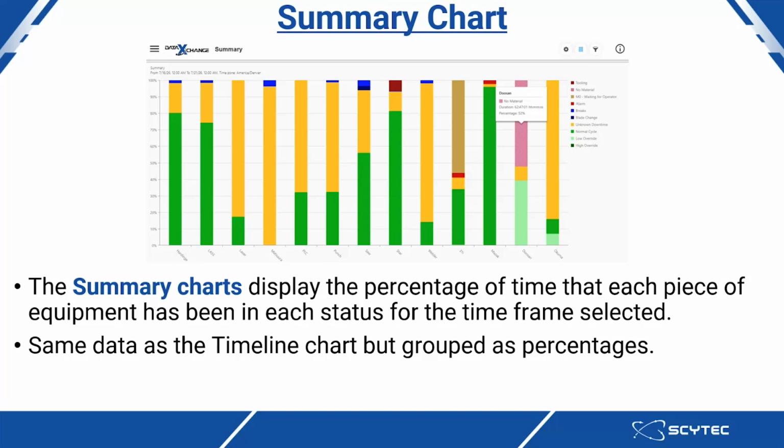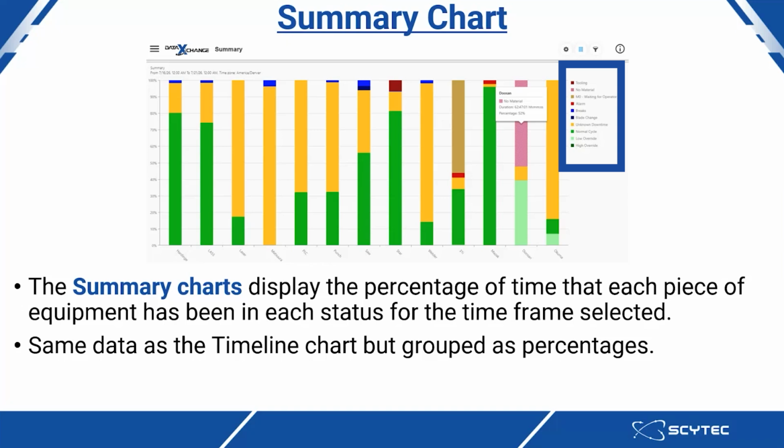We can see that we have a Doosan machine selected there, showing that 52% of the time frame selected has been in a no material status, and you can see some of the other reported machine statuses in this chart, detailing things like tooling, no material, waiting for operators, alarms, breaks, blade changes, unknown downtimes, normal cycle statuses, and also low and high override.